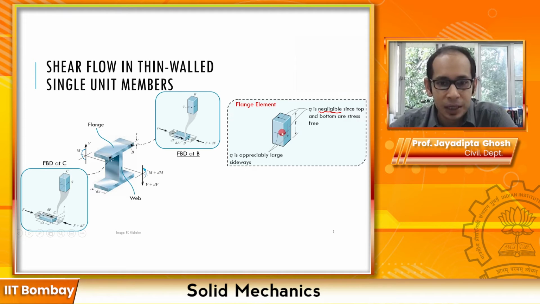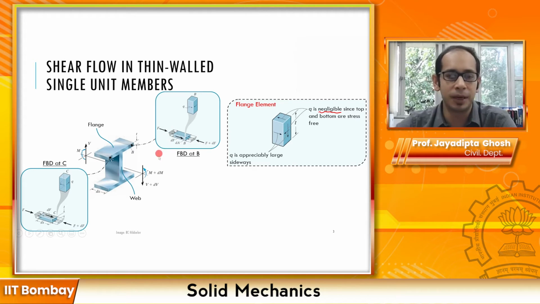Whereas here, this force must be appreciably large to resist this difference of the forces. Remember, these forces are maximum at the top when you're subjecting it to this moment M and M plus dM over here. It is appreciably high. This shear force is appreciably high, and because of that, the complementary shear is going to be appreciably high as well. And this is what it shows you, that this and this arrow are appreciably high.